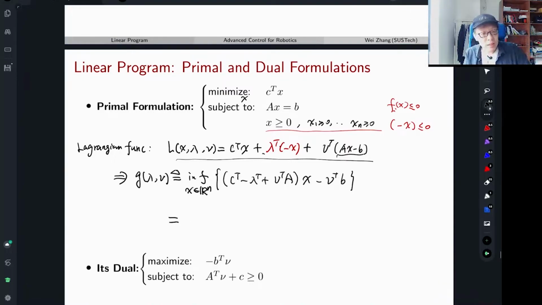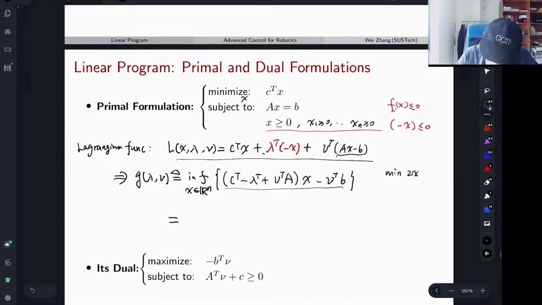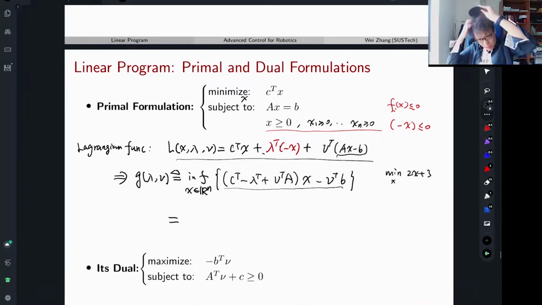You want to minimize over x. Let's say if you minimize something like 2x plus 3 over x in the scalar case, what do you think the solution will be?